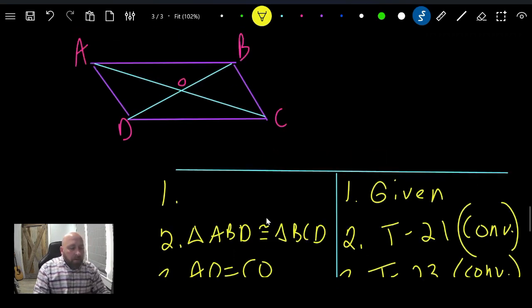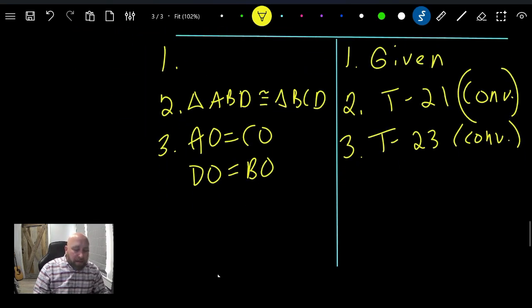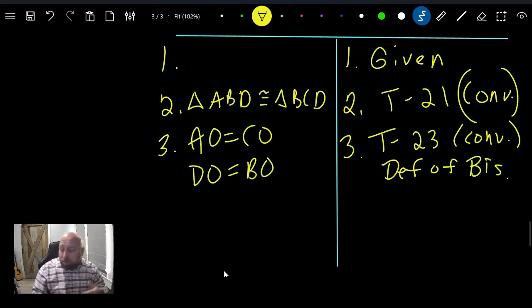So we're saying that all of these pieces are equal right here. The reason for that is, you could also write, definition of bisector. So you're defining that by the fact that they do bisect each other.